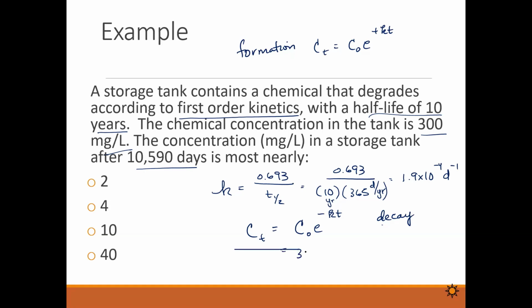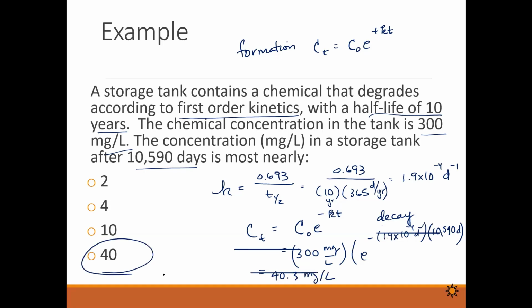This is equal to 300 milligrams per liter times e to the minus k, which we just calculated as 1.9 times 10 to the -4 inverse days, times 1,590 days, and I apologize for the extra lines, and that is equal to 40.3 milligrams per liter. So 40 is the correct answer.